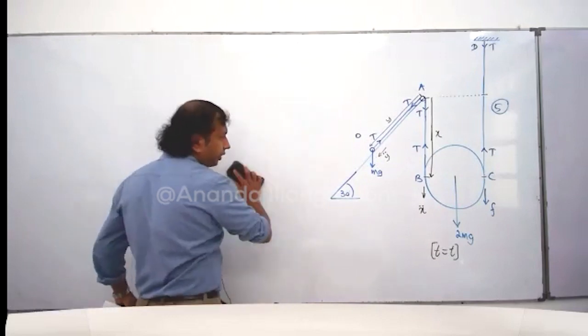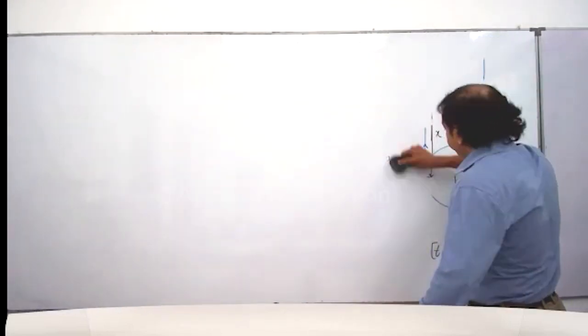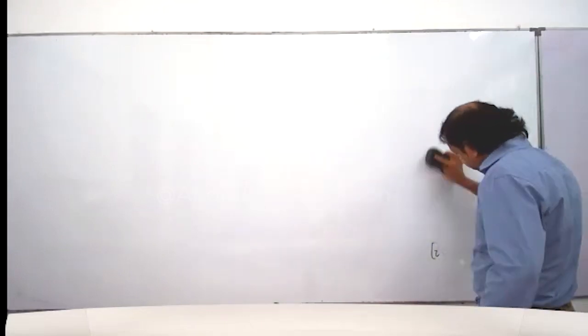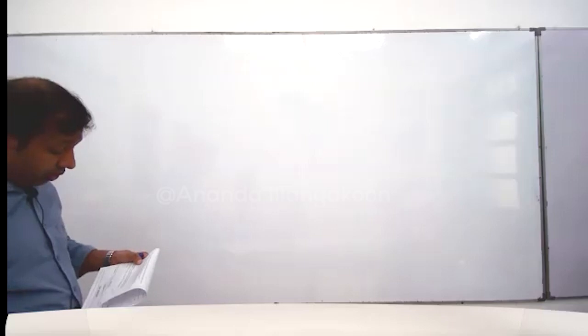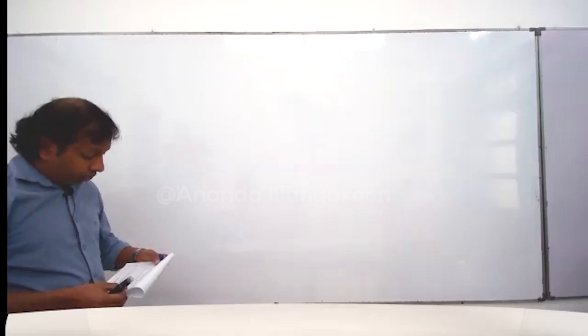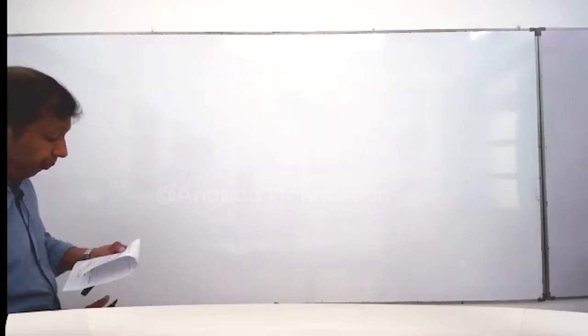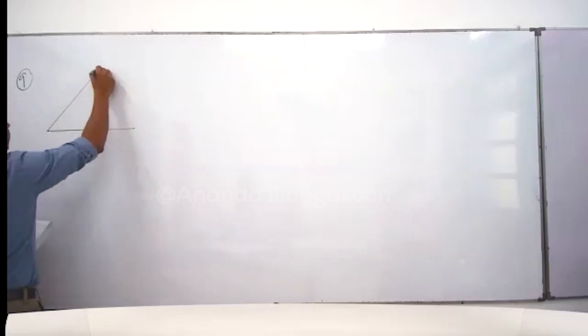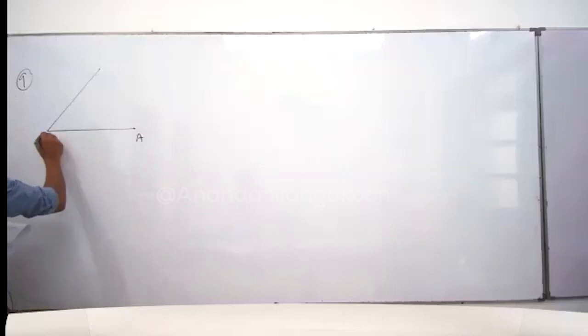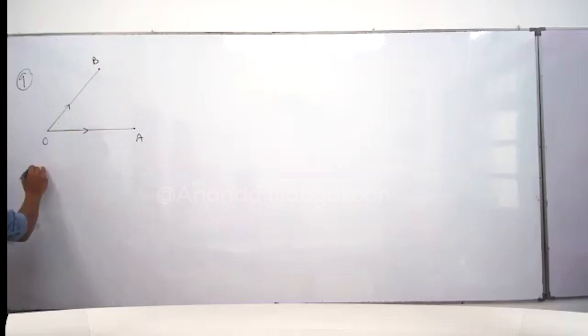Question number 9, the next. It says, in the usual notation, minus i plus 2j and 2 alpha i plus alpha j are the position vectors of 2 points A and B respectively with respect to a fixed origin O. OA vector is given as minus i plus 2j.